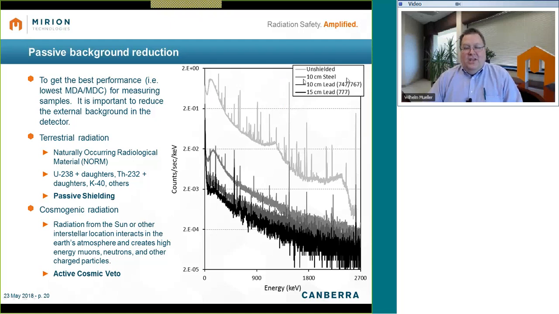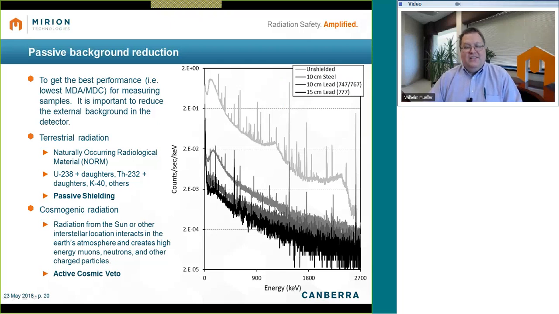Just by putting in an amount of shielding, in steel, one already significantly reduces those effects. One can, in addition, use a shield like 10 centimeters of lead, which is equivalent to our 747 and 767 shields, or even 15 centimeters of lead, equivalent to 6 inches, in our 777 shield.